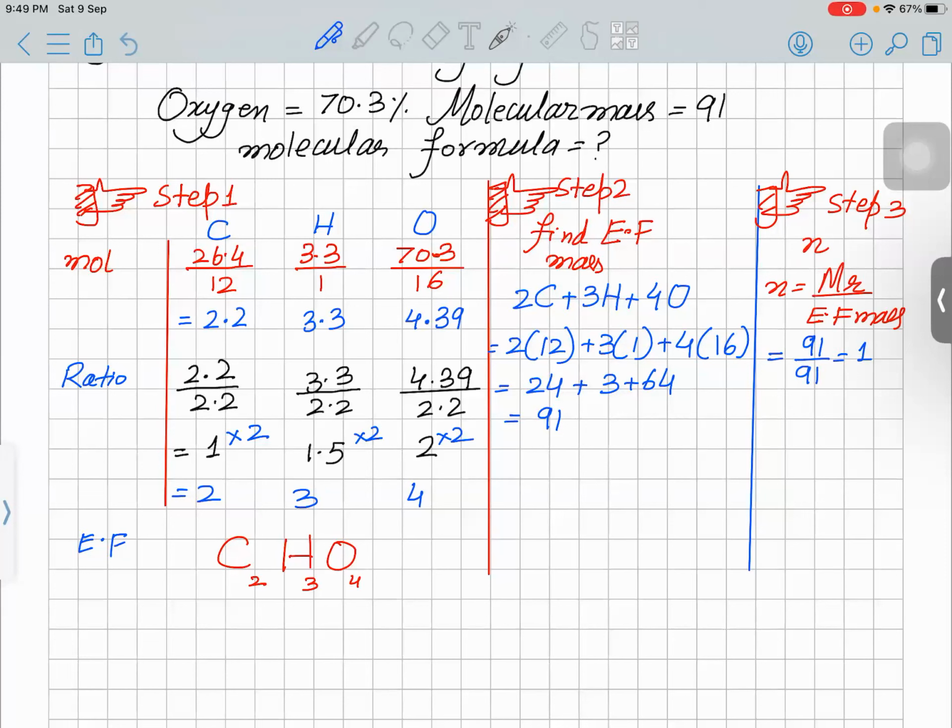So the molecular formula is C2H3O4. C2H3O4 is the answer.